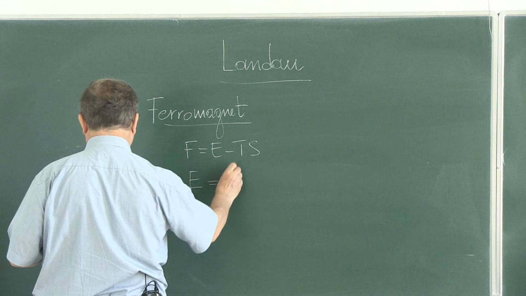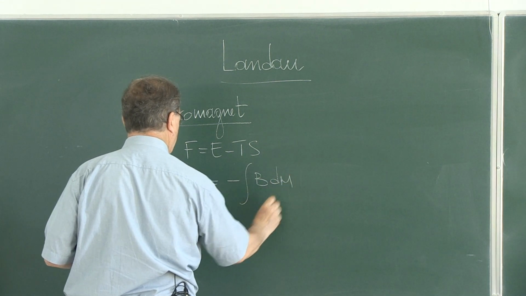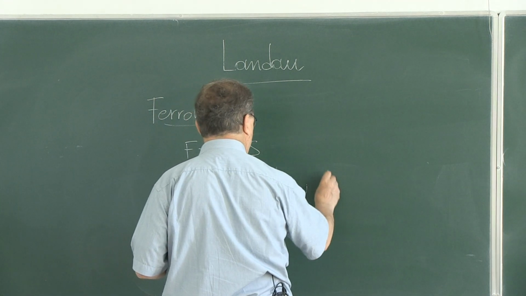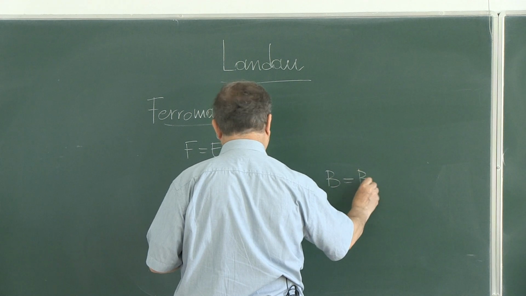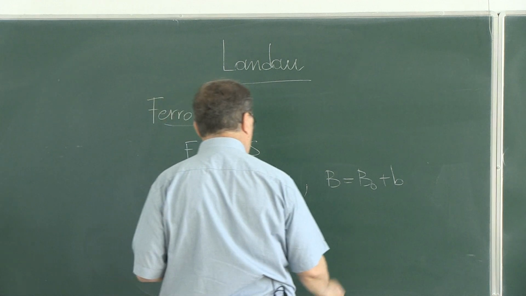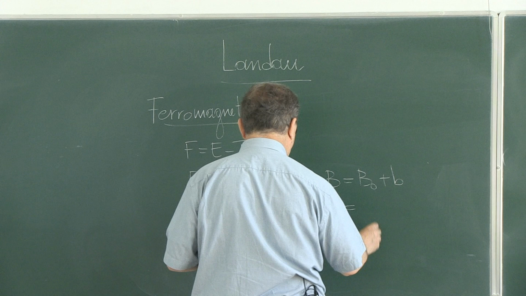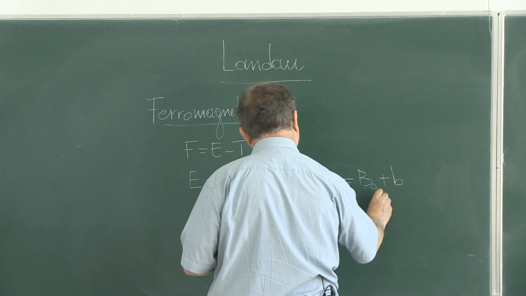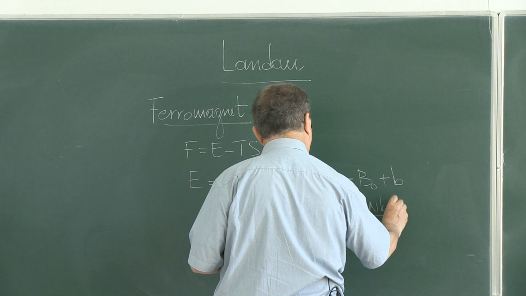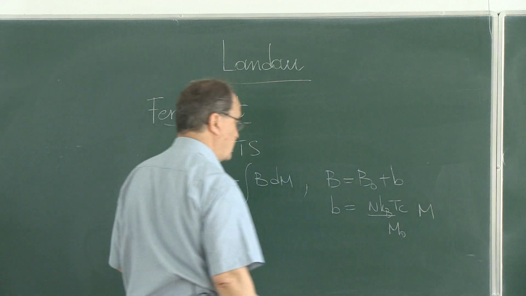Well, E can be written as minus B dot M, if you like, where B is the applied magnetic field plus the local field, which in the Curie-Weiss or Weiss model is N k_B Tc times m over m0.